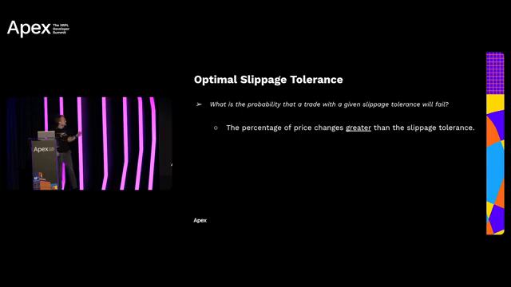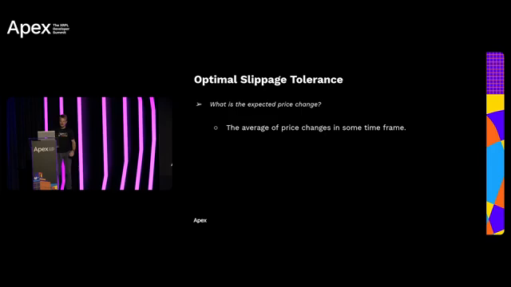So this means that if I offer a very, very low slippage tolerance, most of my fractional price changes will be big, so my failure probability is big. If I set a very high slippage tolerance, it means that my slippage tolerance is greater than most observed price changes, so the probability of failure should be low.